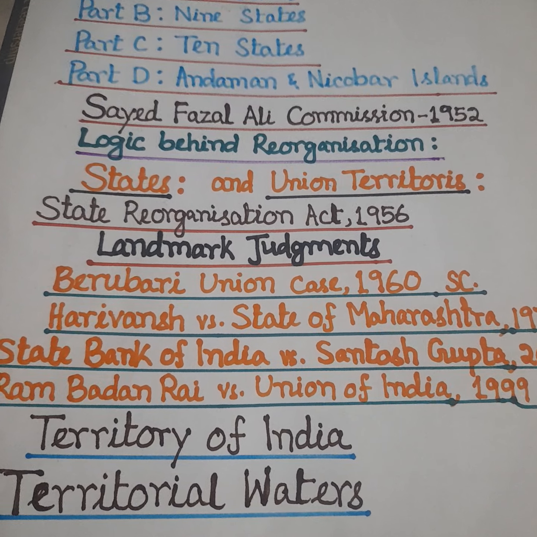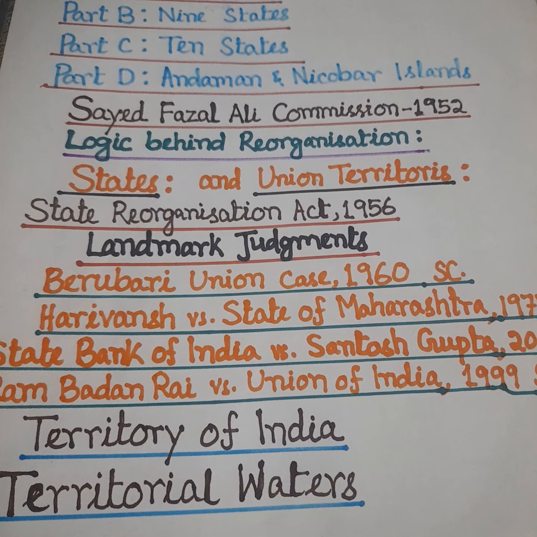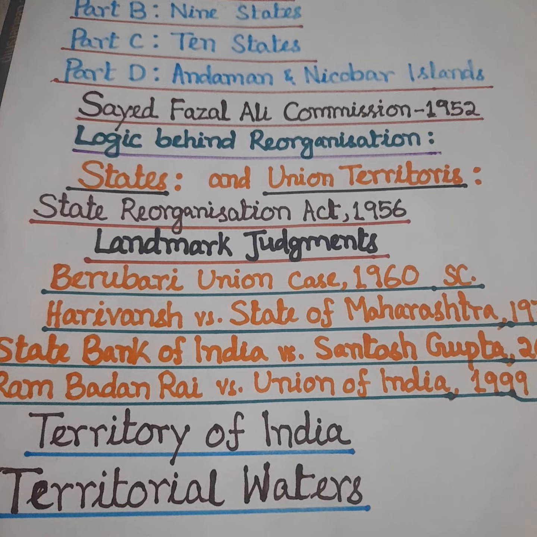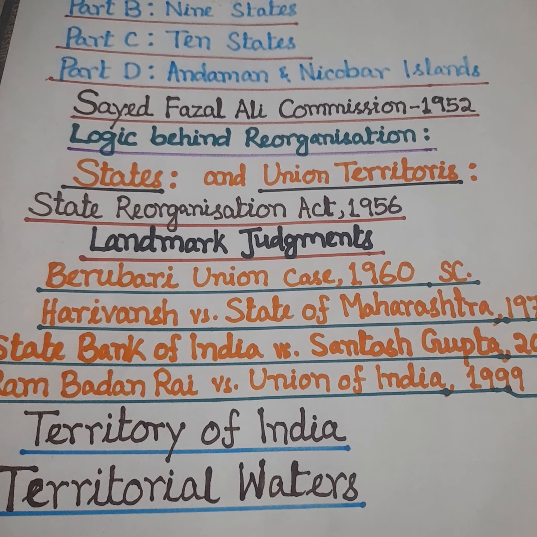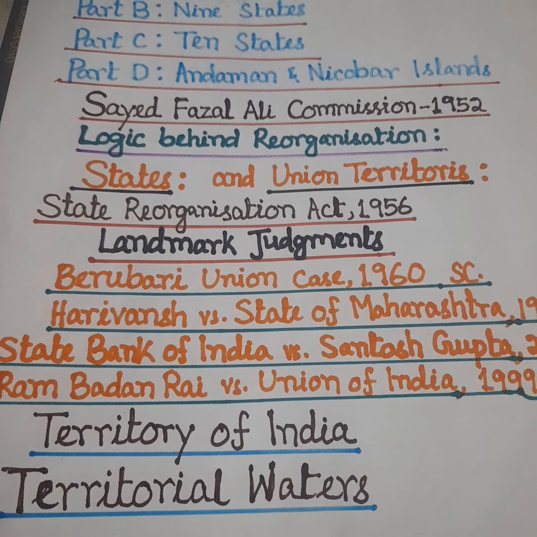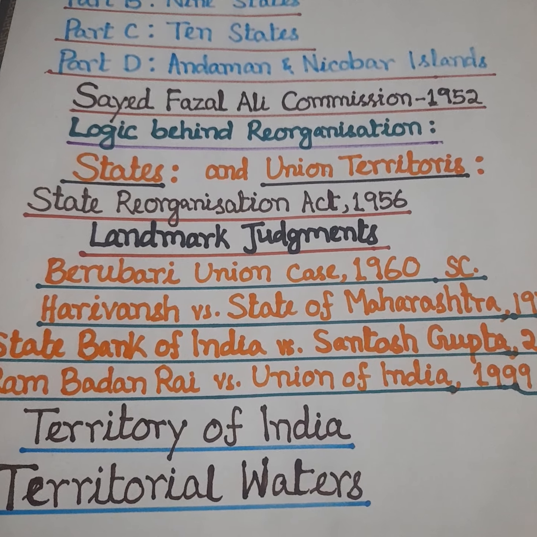The Bombay Reorganization Act of 1960 carved out 2 states, Maharashtra and Gujarat, and the Punjab Reorganization Act of 1966 carved out Punjab and Haryana.